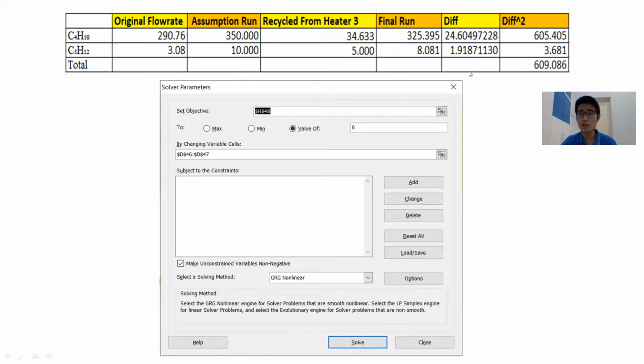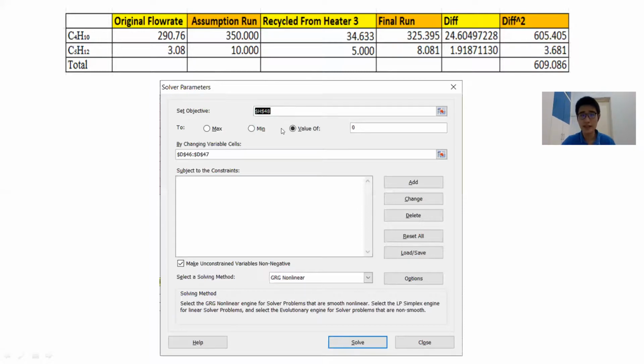So in order to calculate the difference as zero, we'll calculate the difference first for this one. For more accuracy, we calculate the square of the sum of the difference here. So we input this particular box into the set objective of the solver parameters here.